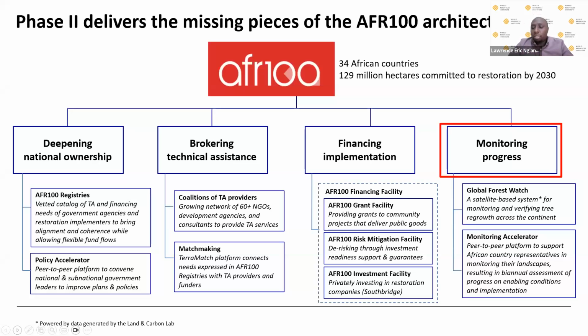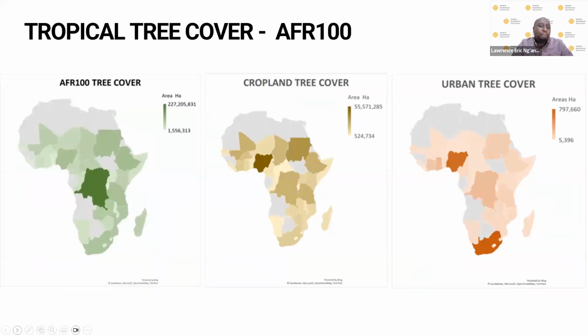And one of the key missing pieces is how do we monitor progress of these restoration efforts happening across all these 34 countries, to track the progress of all these 129 million hectares by 2030, by using platforms such as Global Forest Watch and TTC data. Next slide, please.